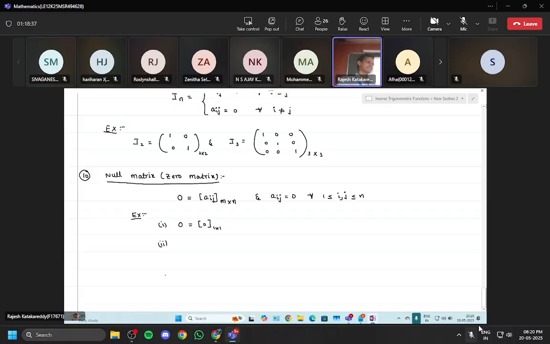Everybody copied this? So next, I should write the example here. O is equal to, we can have 0 0, 2 rows and 1 column.